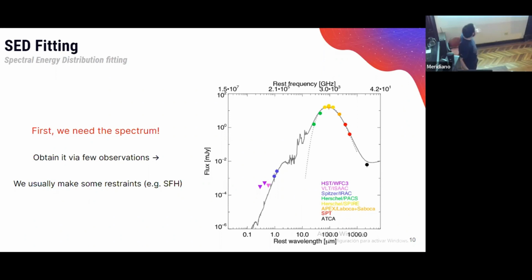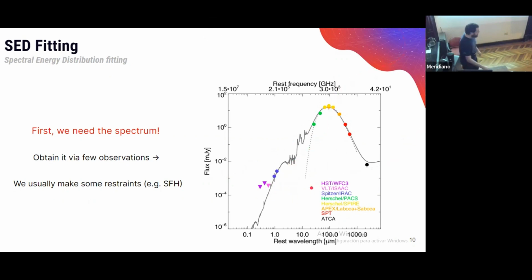via only a few observations. In this case, for example, I took from a paper that is trying to fit data from a number of different surveys. It has Spitzer data, it has HST and some other surveys' data, and is trying to apply some kinds of SED fitting codes to obtain the spectrum of these objects.